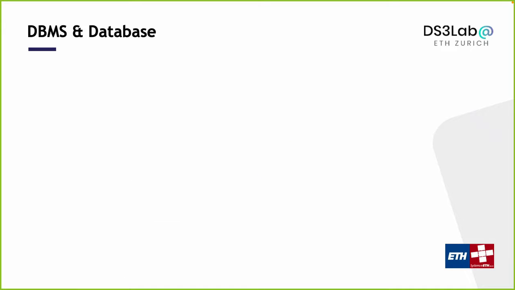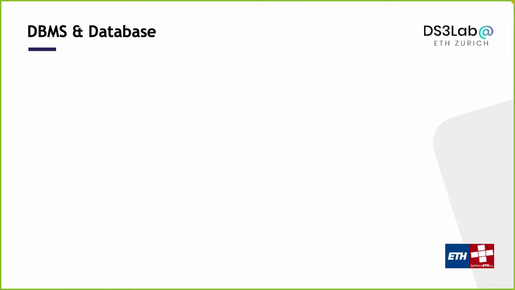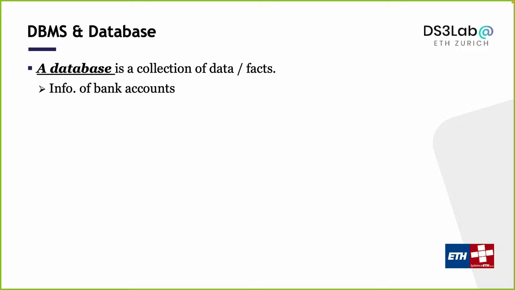So now given this application, let's go to our first definition. What is a database and what is a database management system? A database is a collection of data or facts. For example, if you are running a bank, you have the information of all the bank accounts. They will form a database.